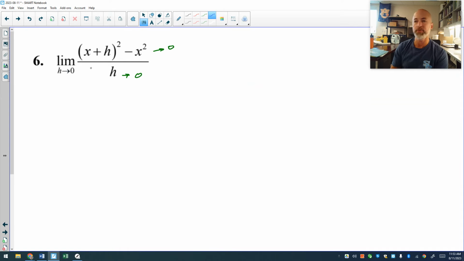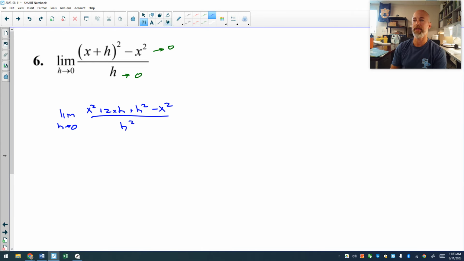It's actually possible to factor the numerator as a difference of squares. However, I am not going to do that. In this case, I'm actually going to fully expand the numerator. So if I square x plus h, I'll end up with x squared plus 2xh plus h squared minus x squared. And then my denominator is h squared.